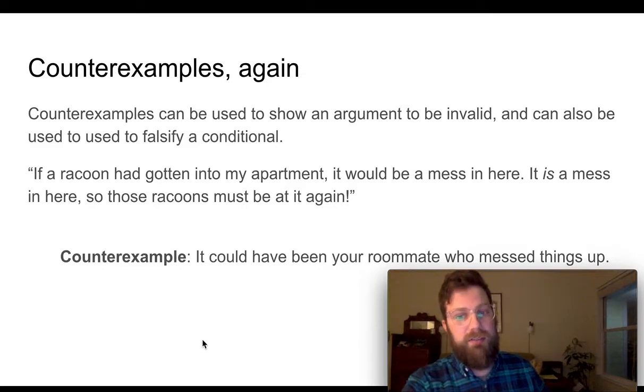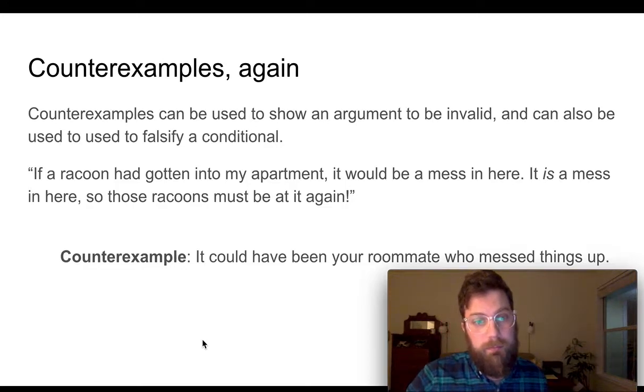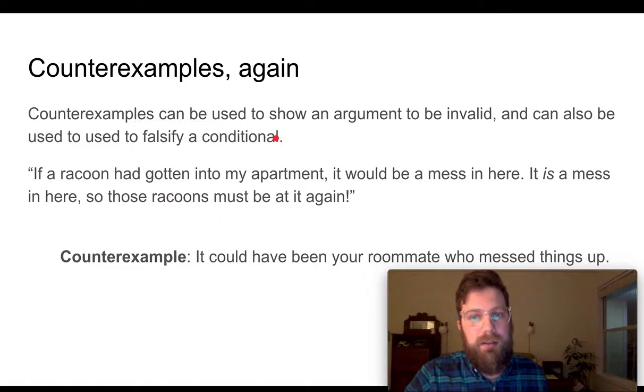Because a conditional tells you that the antecedent guarantees the consequent. Well, you can also use a counterexample to show that the premises do not guarantee the truth of the conclusion, right? So we can say that a counterexample can be used to show an argument is invalid, much in the way that we're using counterexamples to falsify a conditional.